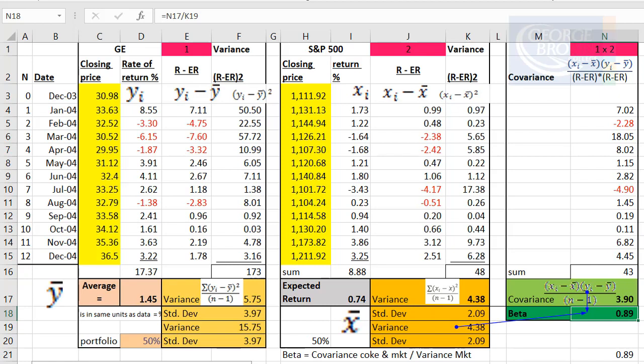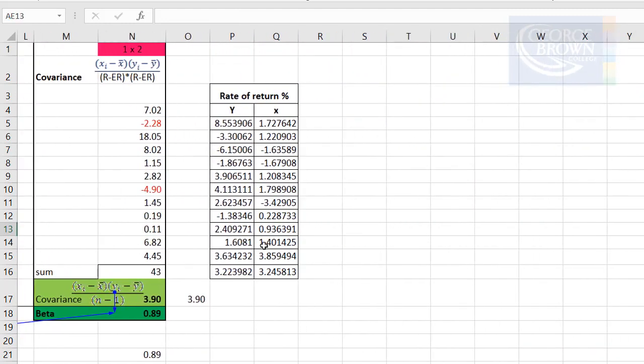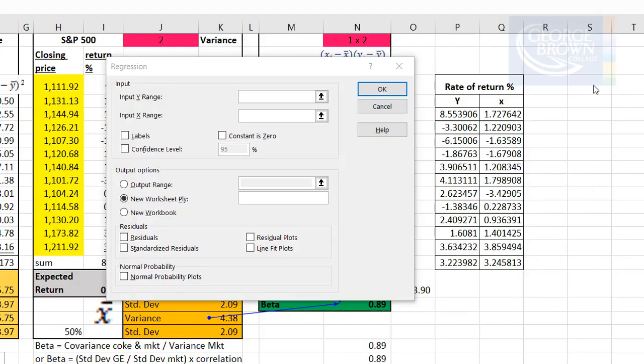Okay, but again, if I just scroll over my spreadsheet, you can see I've taken here the rate of return data for y is the market, x is the stock, and what I can do is go to data. So I can go to my data analysis tool pack, and I can run the regression.